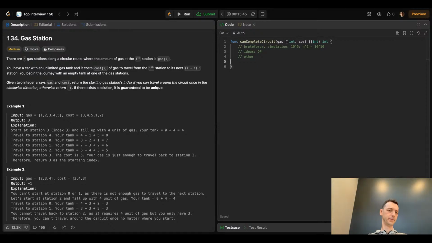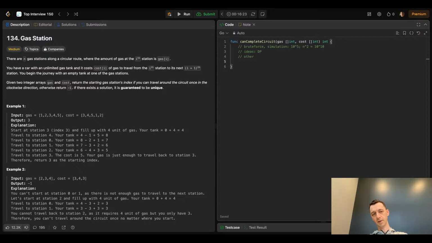Obviously there could be many of those. Some may be positive, some may be negative. One of the cases could be they're all zero sum, they're all even, you get enough gas for each segment on each gas station.